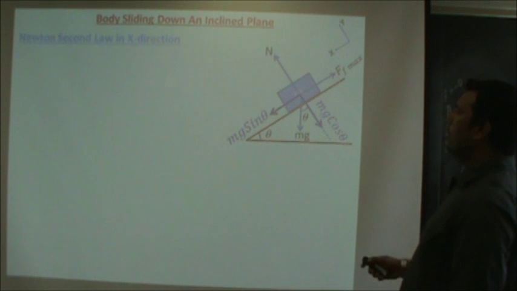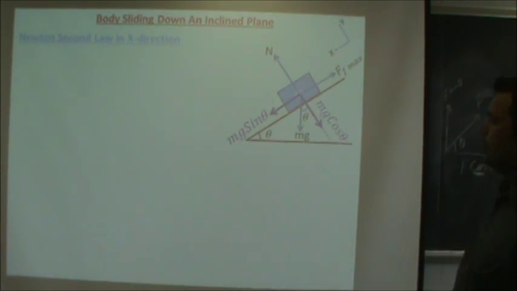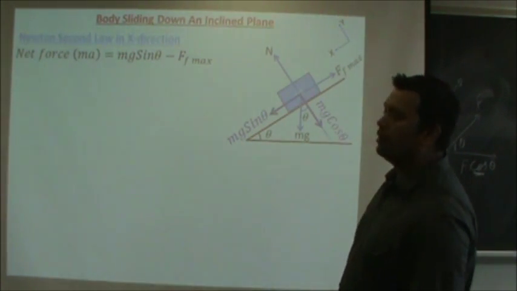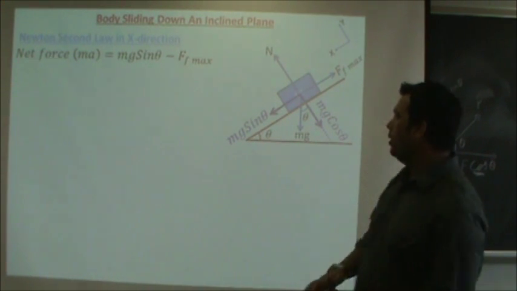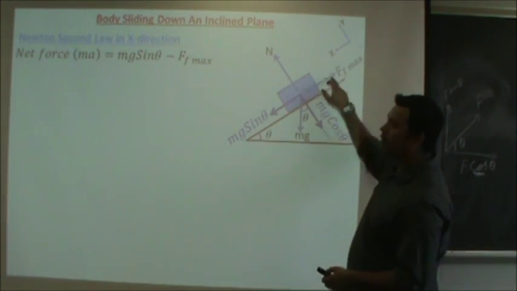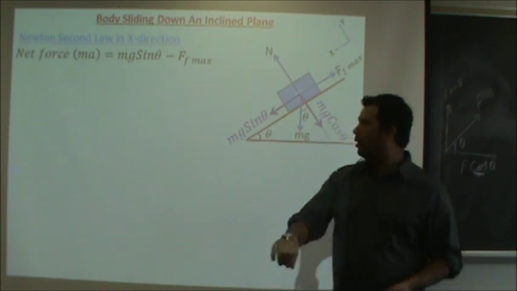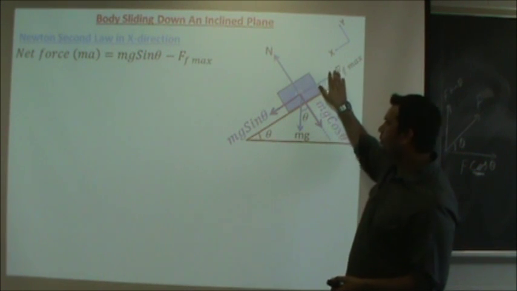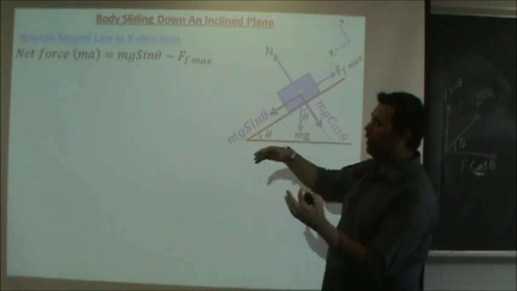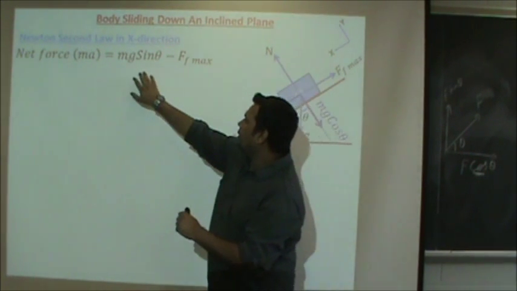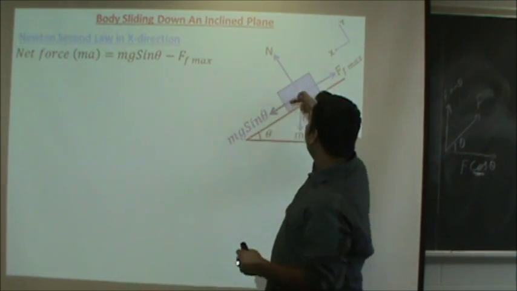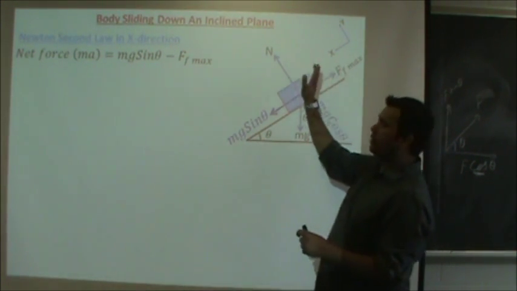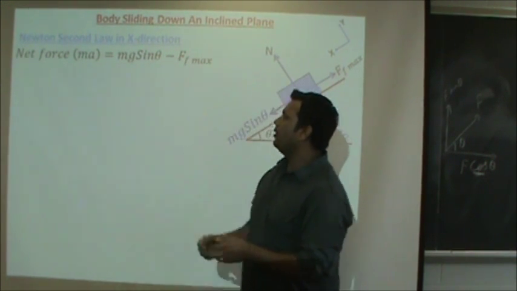So let's use Newton's second law in the x direction. According to Newton's second law, the net force, which is mass times acceleration, is always equivalent to the sum of forces. Now remember, in this x direction, only two forces are acting, right? One is mg sine theta, and second is the maximum static friction force. So the net force should be equal to the sum of these two. So that's what I have written here. So mg sine theta is in the positive x direction, but this friction force is acting in the negative x direction, so we got the negative sign.